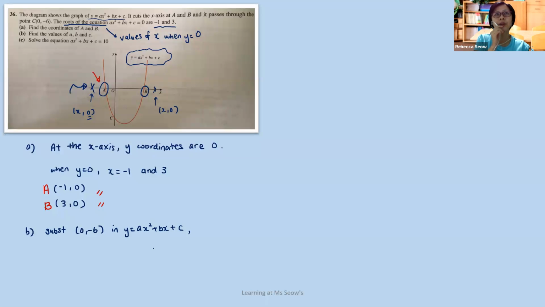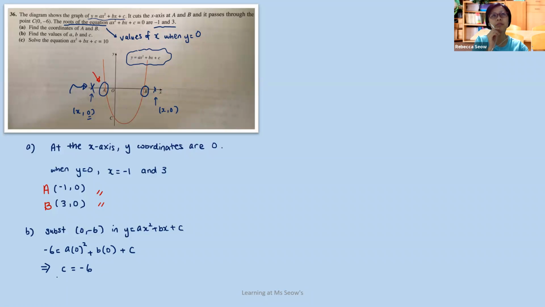What we will end up with is this. Therefore we could imply that c is equal to -6.